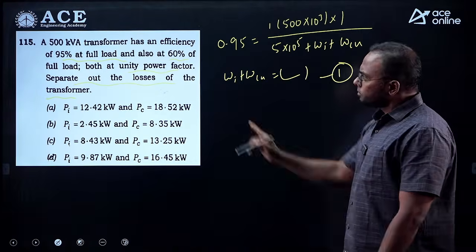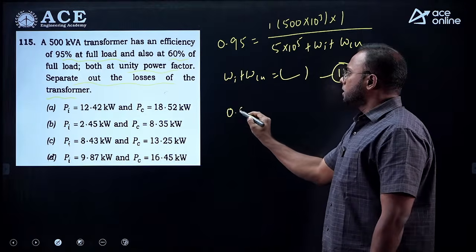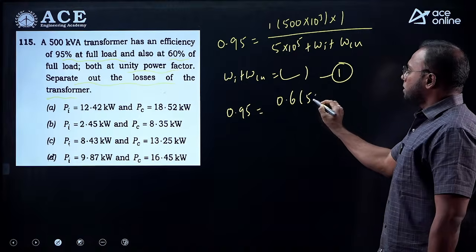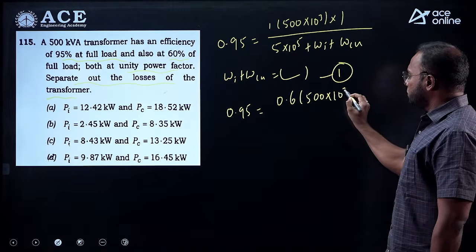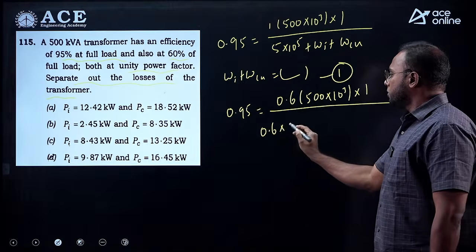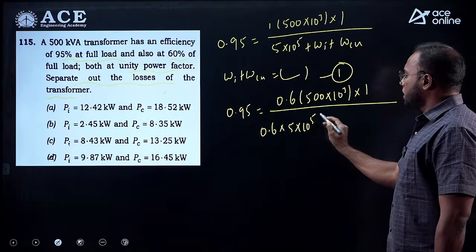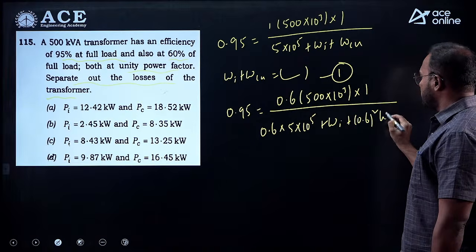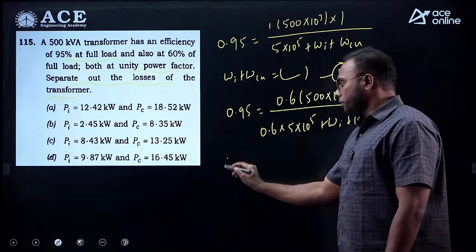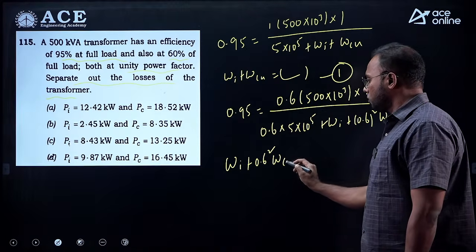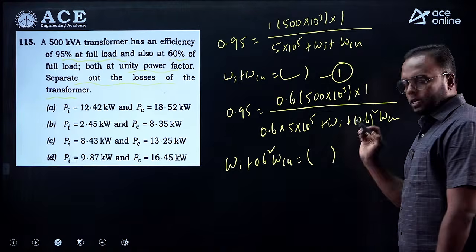The same efficiency at 60% of full load means X is 0.6, into 500 into 10 cube, at unity power factor, divided by 0.6 into 5 into 10 power 5 plus iron loss plus 0.6 square into copper loss. Simplifying, iron plus 0.6 square times full load copper loss equals some value.